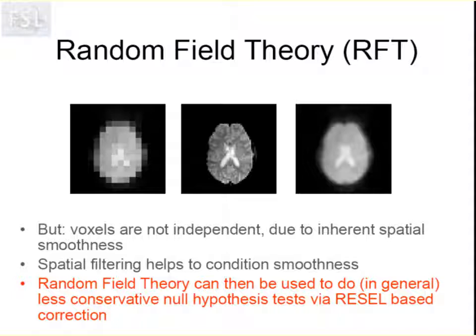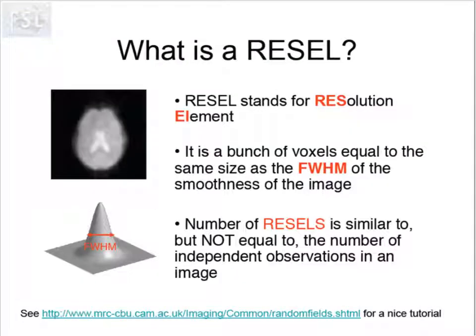So, as I said, a resel is a resolution element. A resolution element is defined as the full width half maximum of the smoothness of the image. This full width half maximum concept we encountered before: it's the y-axis value of a Gaussian at half its full width.